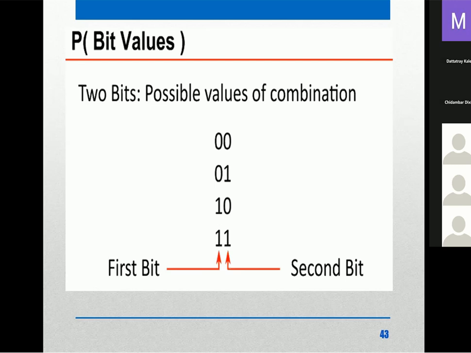The event where the first bit is 0 and the second bit is 0. Similarly, 01, 10. The last event is both bits being 1. This is a complete set of mutually exclusive events. Exactly one of these events, 00, 01, 10 or 11, is always true, right?